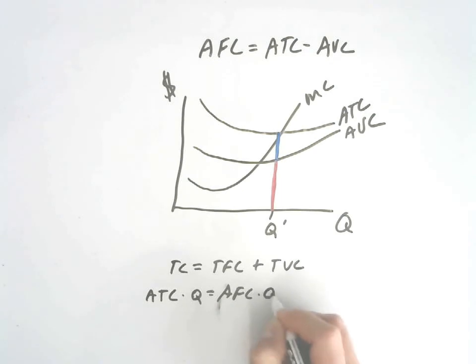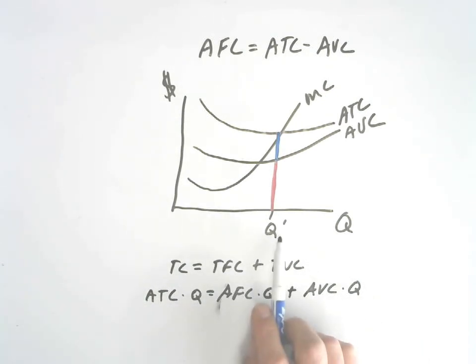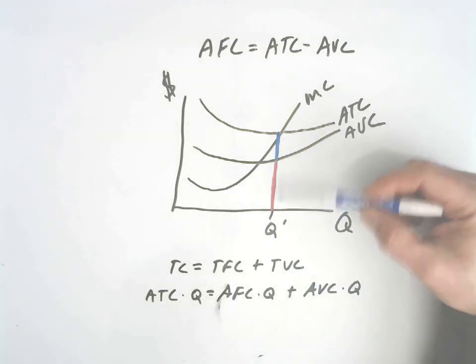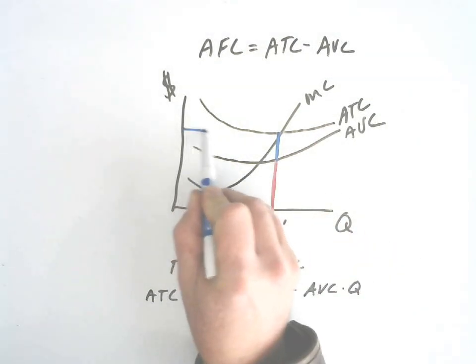AFC times Q is total fixed cost, plus AVC times Q. In other words, if I want to get my total cost of Q prime units, I want to figure out how much Q prime units cost in total. Remember, these distances here are just averages.